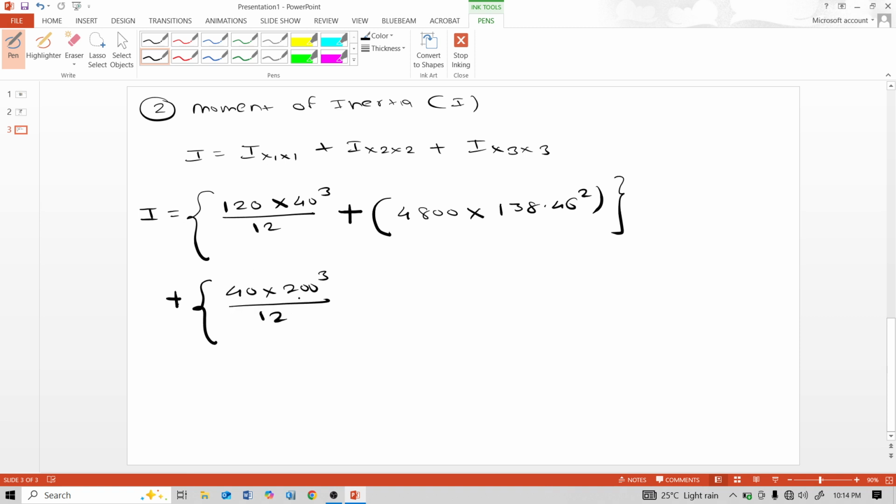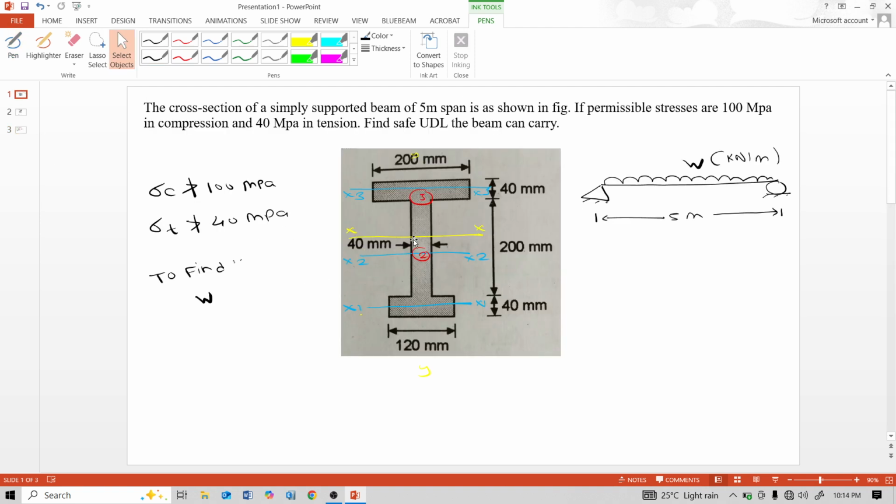This is the moment of inertia for only that web portion, plus the area of that web portion only. The web portion area is 40 multiplied by 200, 8000, and multiply by the distance between the I cross section's neutral axis xx and only that web part's x2 x2 axis. That means this distance.